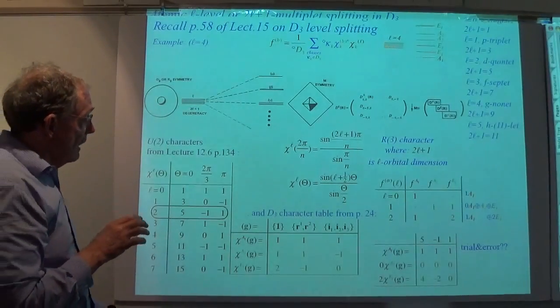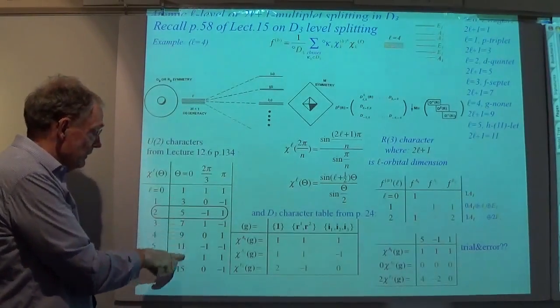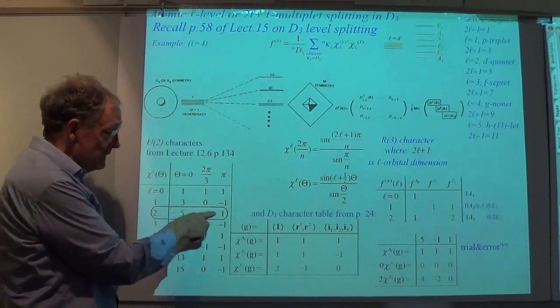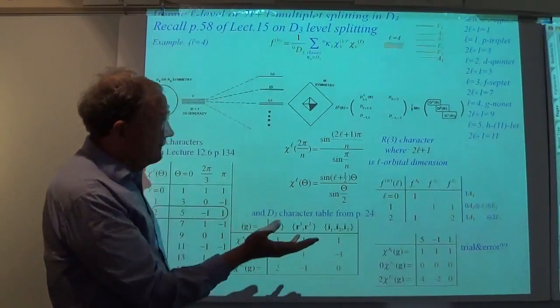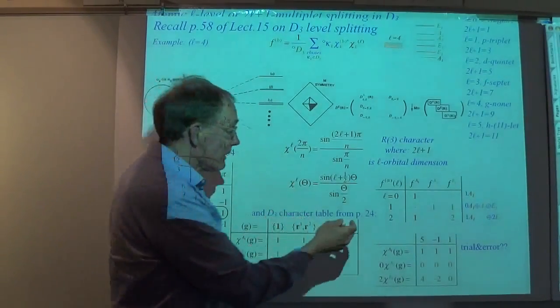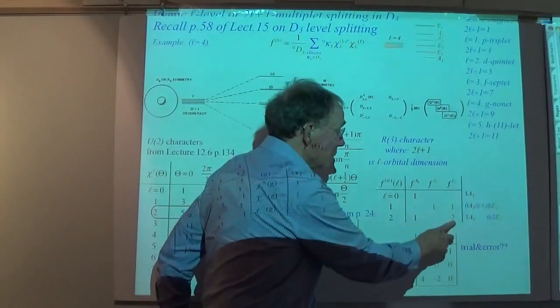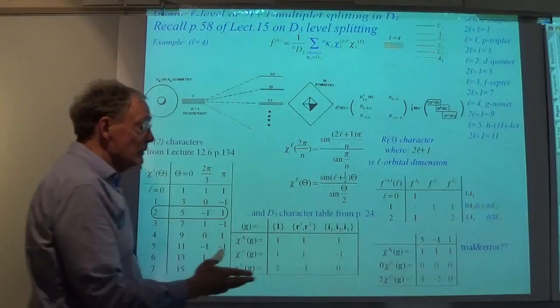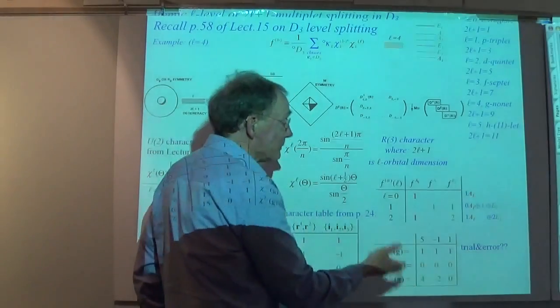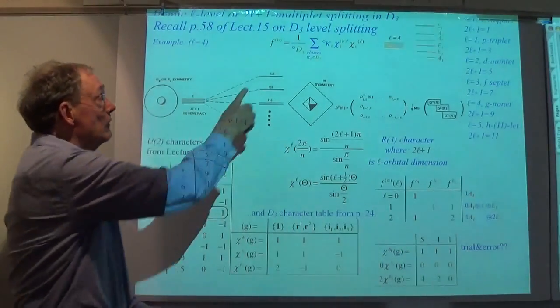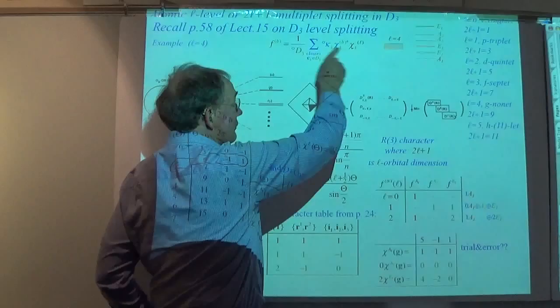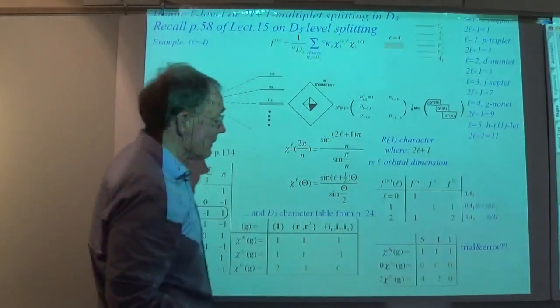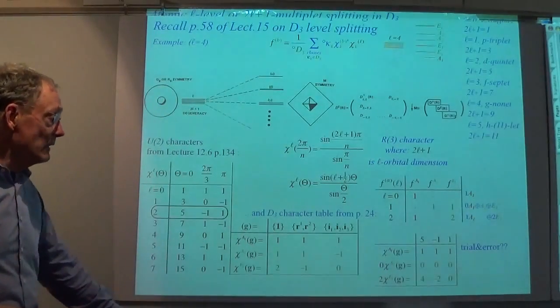And so we look at each one of these, and then we pick a particular one, and we discover that that particular one has an A1 and 2 E's for D3. Okay, and I was just showing trial and error in this particular page. The whole idea was to get you used to this formula here, which lets you do higher values of angular momentum.